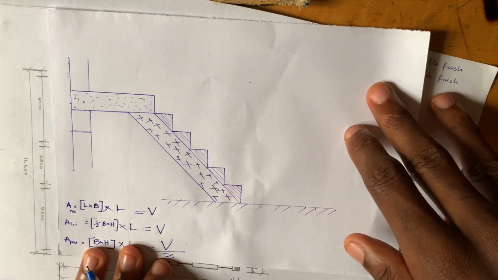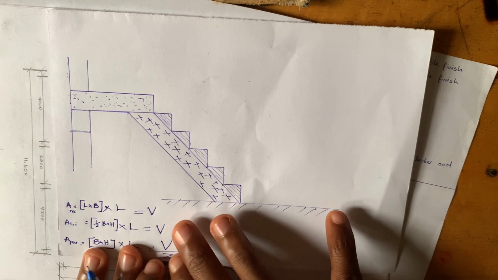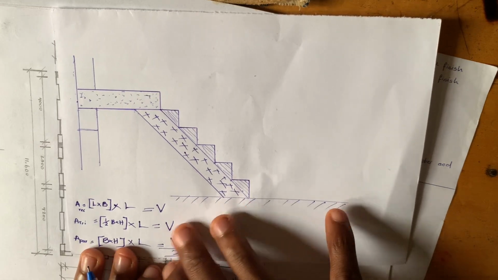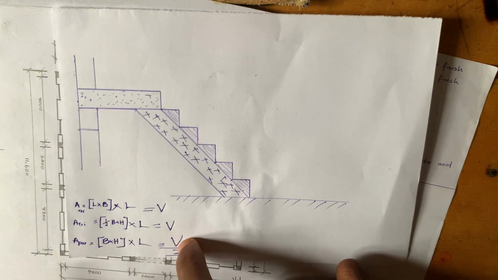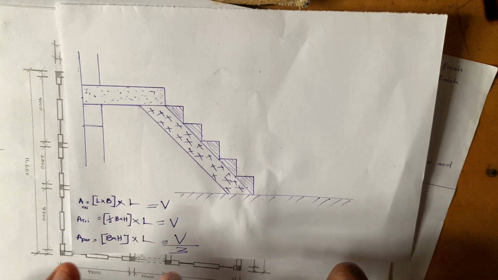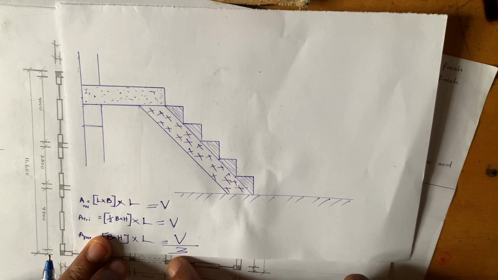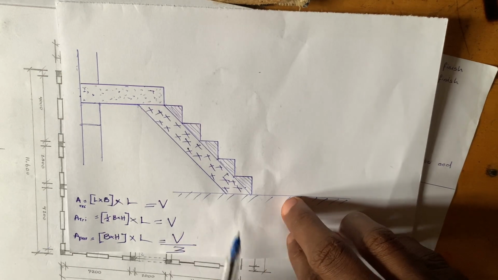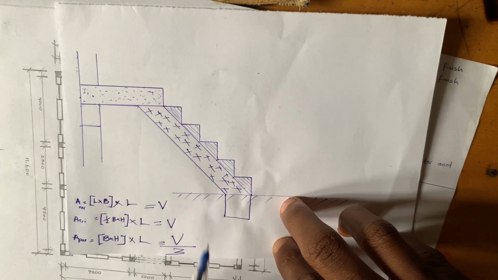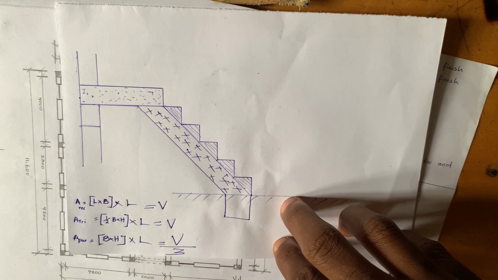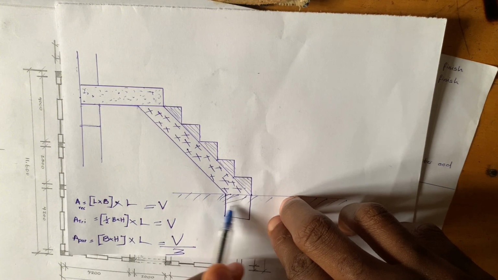I hope you understand what I have just done here. Please, if you do not understand, draw me back in the comment section. I want to be seeing questions if you do not understand it, because this is very intricate. Now after doing this, you can now calculate the volume of concrete for the base. This is a rectangle.